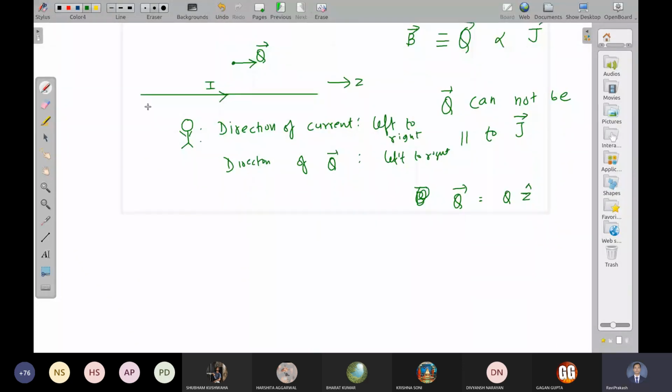Now, if I change the connection on the battery, this is the battery connected to this wire, and because of this battery this current is flowing, right? Reverse the battery.